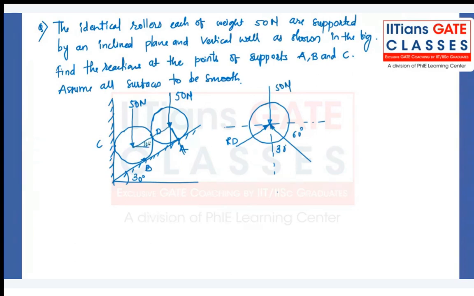So RD should make a 30-degree angle with the horizontal, so this angle has to be 60 degrees. And here we have 90 degrees, and here we have 90 degrees. Is it clear till this? Any doubt?